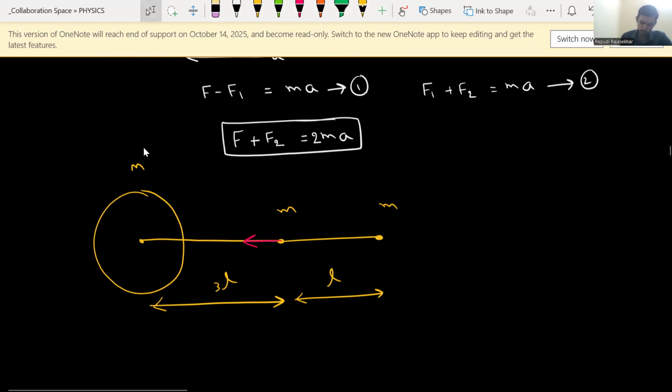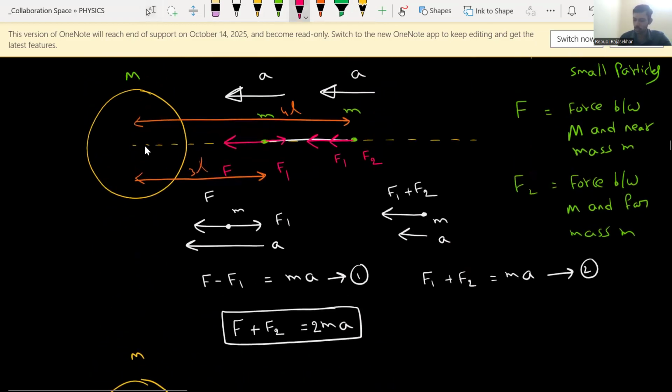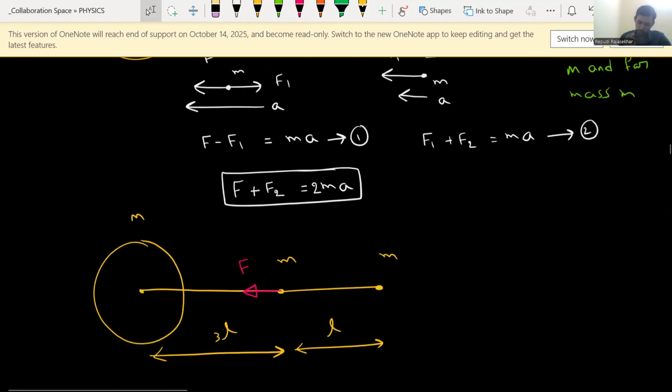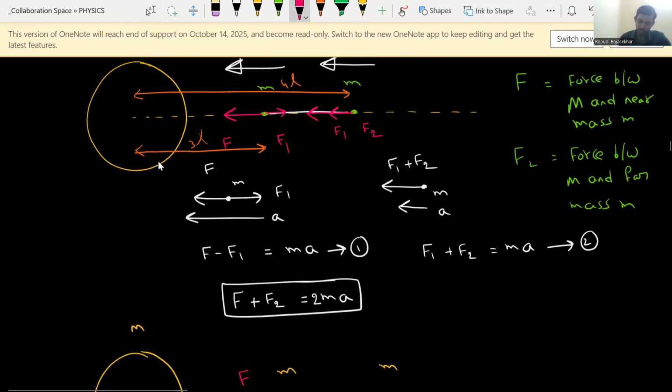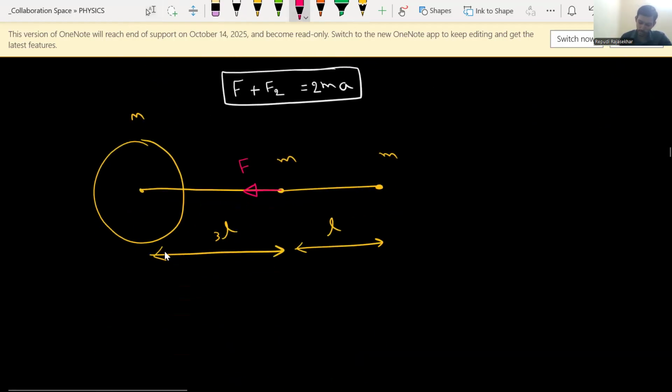F is the force between capital M and the near mass. F2 is the force between capital M and the far particle mass. So this is the far particle and this is the direction of F2.